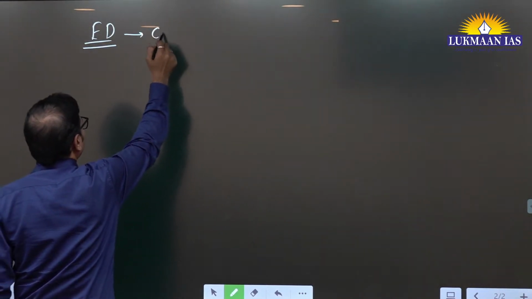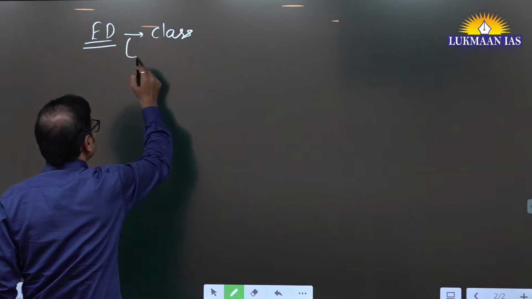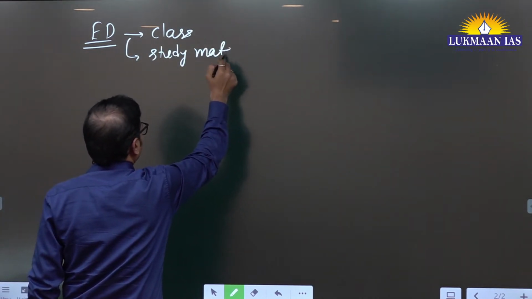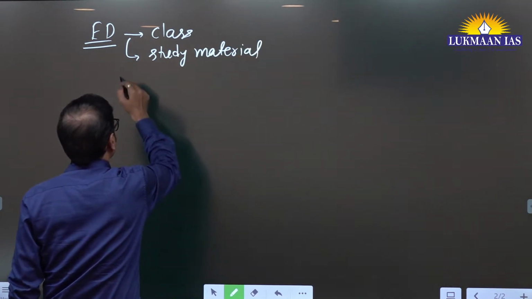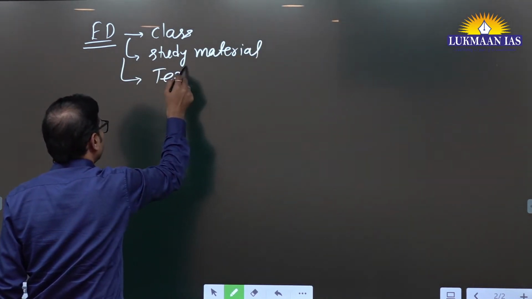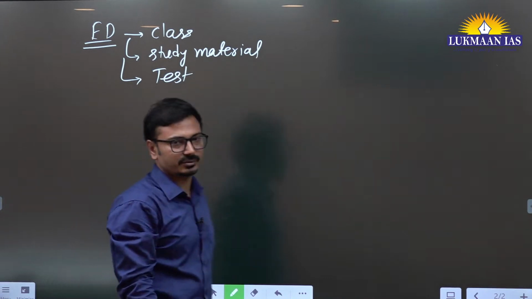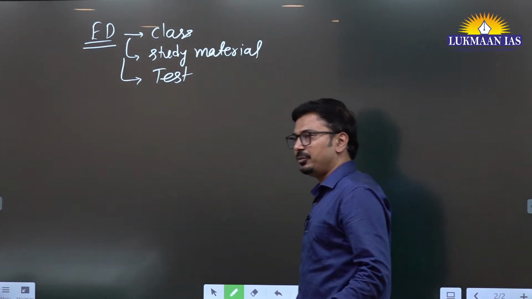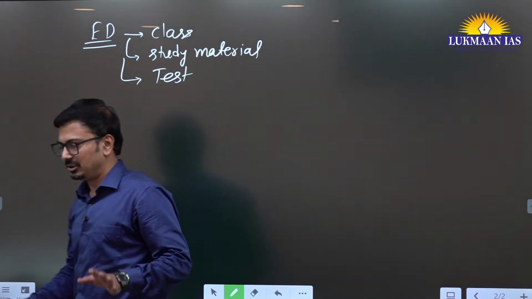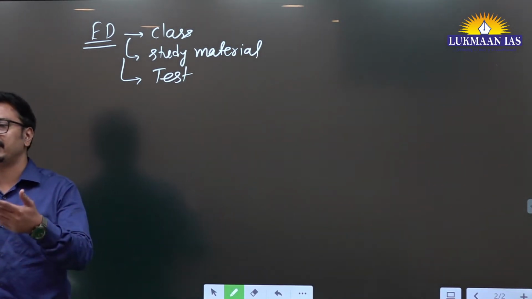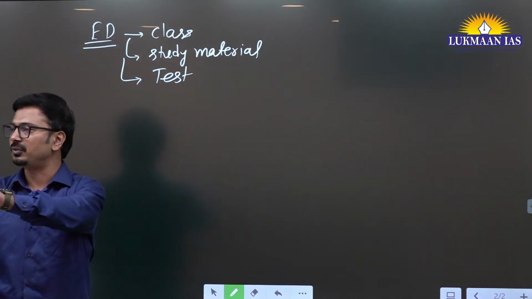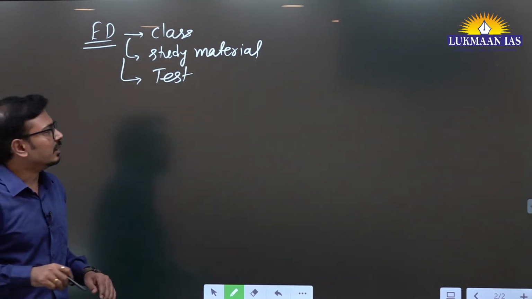So there will be a class, there will be a study material, there will be a test, ED based test, 4 questions every week. That will be evaluated, and yes, model answer will not be given, but that will be evaluated. You can ask for mentoring also. And these questions will be based on those 5-6 topics that are taught in the classroom.